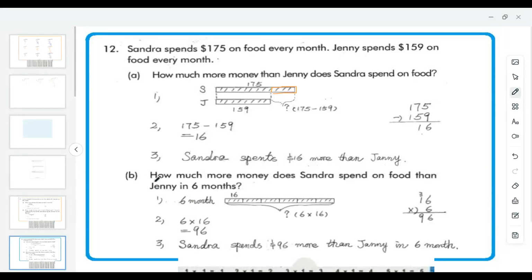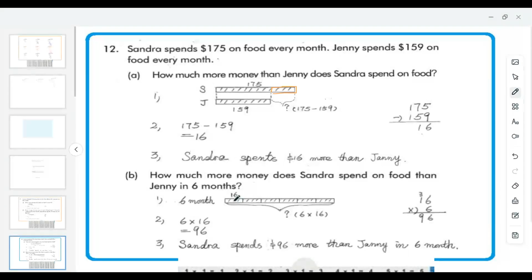B. How much more money does Sandra spend on food than Jenny in 6 months? Well, we already know 1 month Sandra spends $16 more than Jenny. What about the 6 months? So 6 portions, right? First, we draw a diagram in 6 months.